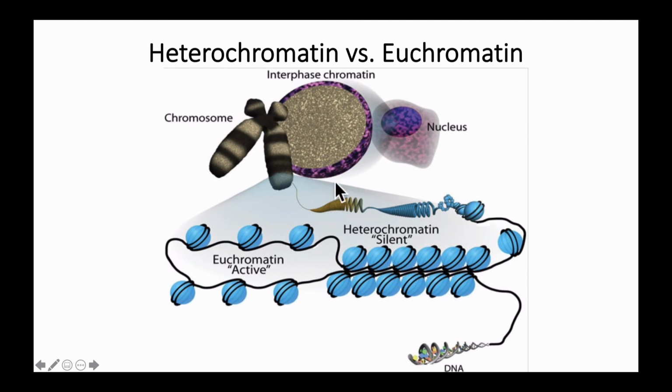So the main reason you condense and coil this DNA into the structure is for division. There's no work being done over here. When the chromosome is super condensed, it's not working anymore. It's just there. All this information has been packaged just for transfer purposes. All right, so again, euchromatin versus heterochromatin.